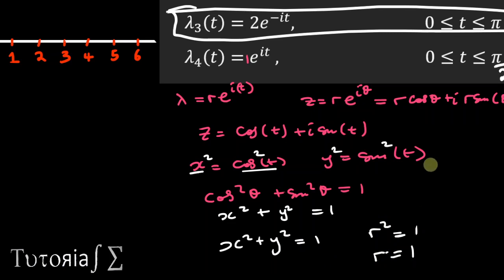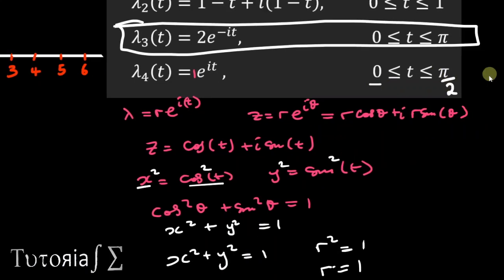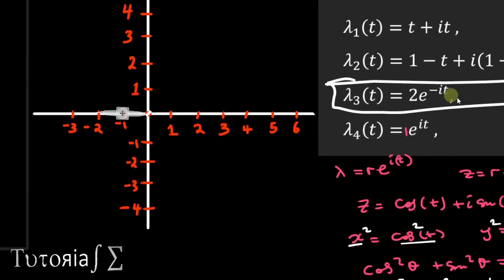But this circle has limits from 0 to 2 pi. I mean, pi over 2. So pi over 2 is 90 degrees. So we see that this is a semicircle from 0 to pi over 2, which is 90 degrees. So in drawing our circle, we can come here. Now we want to draw the circle x squared plus y squared equals 1.